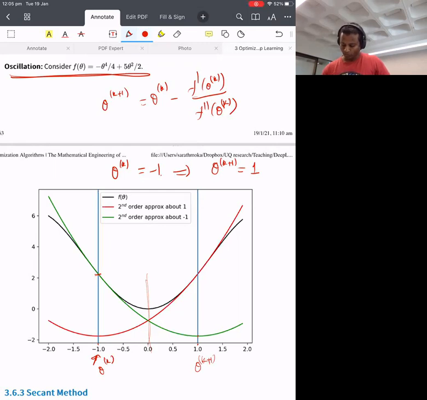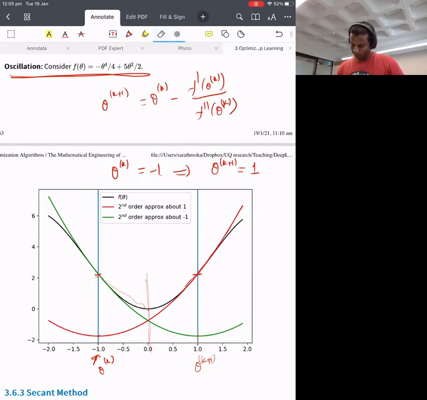But it's not a minimum point. You are actually away from the minimum point, just as far as before. So your algorithm will again find the second order approximation at this point, and ask where that approximation takes the minimum point.